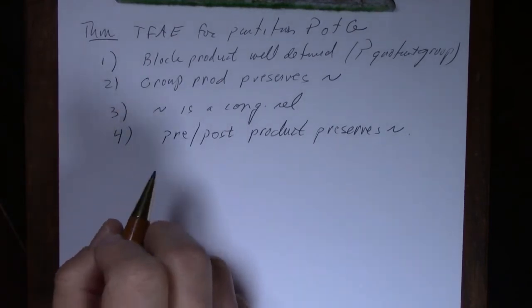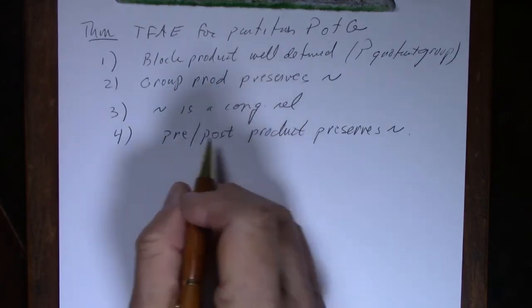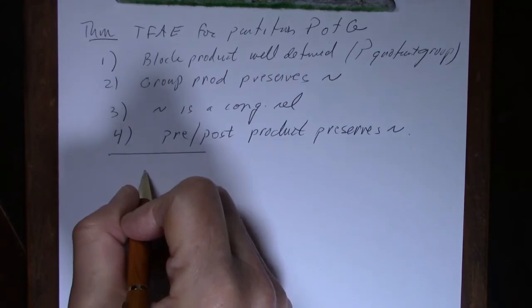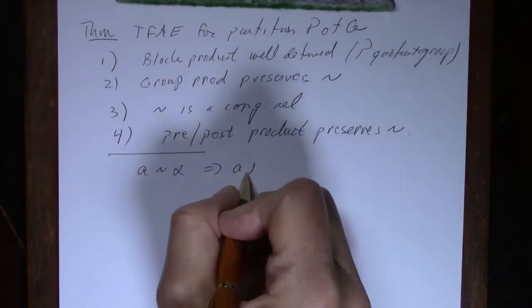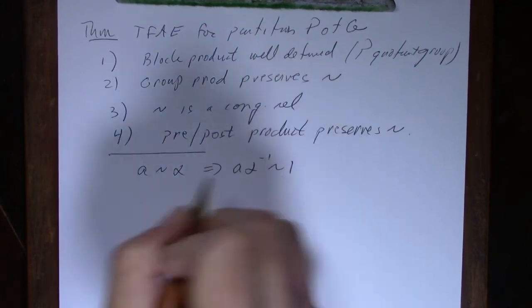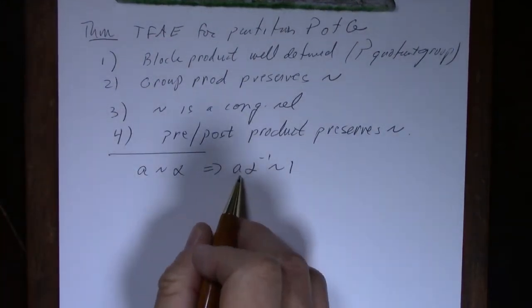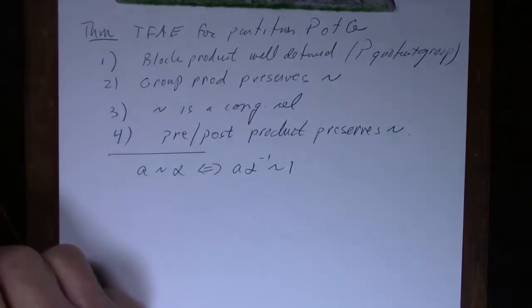We can do still better. Preservation under pre and post product, number 4 here, gives us the following. A equivalent to alpha implies A alpha inverse equivalent to 1. And its converse. If A alpha inverse is equivalent to 1, then A is equivalent to alpha.